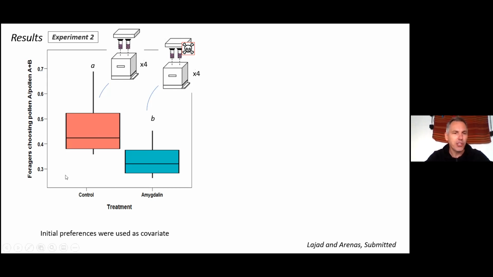So we just have to compare here the preferences at day 4, at the end of the experiment, after the bees experienced, or had the opportunity to learn, the adulterated pollen and unadulterated pollen inside the hive.